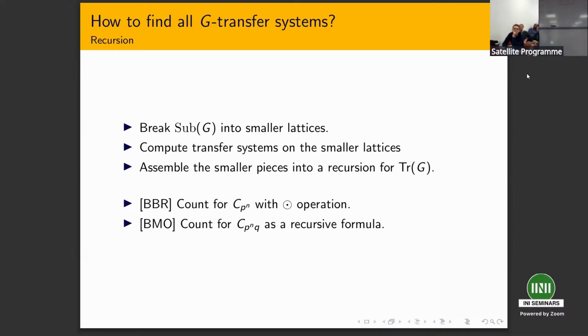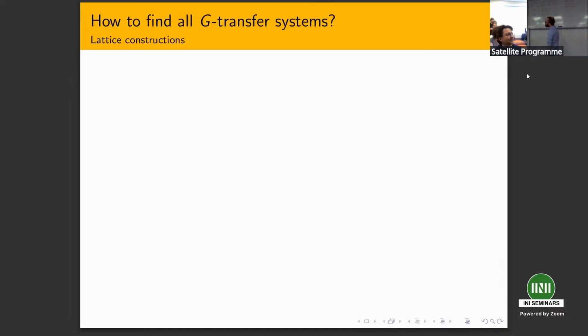So in this paper of myself, Dave, and Constanza, where we proved that the number of C_{p^n} transfer systems is in bijection with the Catalan numbers, our proof goes by a recursive method. We have this over operation. And then myself, Kyle Ormsby, and Ethan McGraw went further with this, and we got a recursive count for transfer systems on C_{p^n} cubed. So this is one method we have.